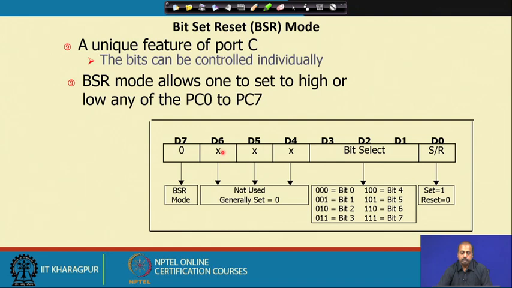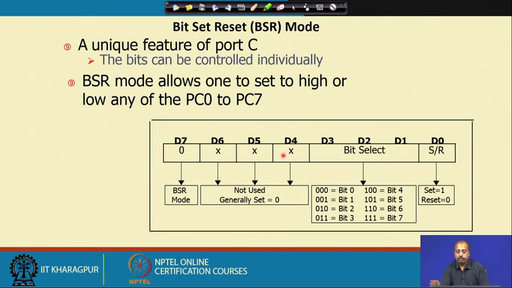Now, this D6, D5, D4, they are not required because these mode settings are meaningless if D7 is 0, so it is BSR mode. So, this mode selection of port A of group A does not have any meaning. So, by default we are setting it to 0.